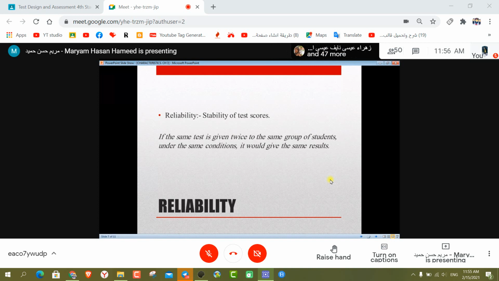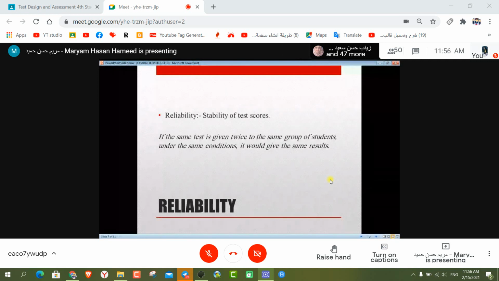If a tester administers the same test to the same test taker or matched test takers on two circumstances, the test should give the same results. In this case, we can say that we have a reliable test.